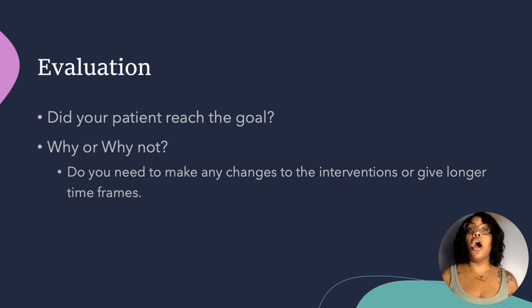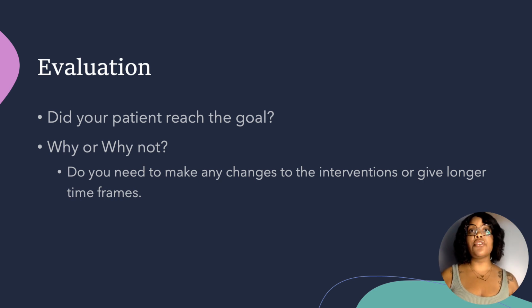So you want to assess, again, during the evaluation phase, you then assess to see if this intervention has helped. So our goal was that our patient showed no signs and symptoms of aspiration during your shift, and then you're able to see at the end of your shift, did my patient have any signs and symptoms of aspiration?